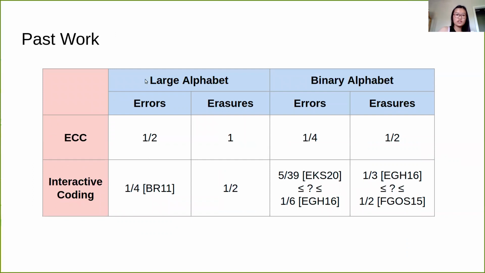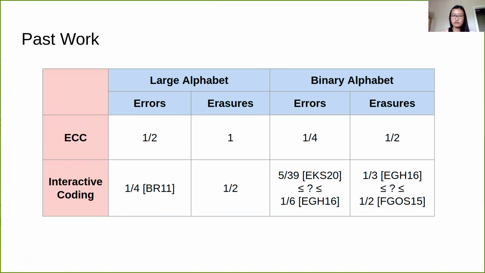So let's first start with the large alphabet case. I said earlier that error correcting codes have distance 1 over a large alphabet, which means that they're resilient to 1/2 errors and also to 1 fraction of erasures. In the interactive, two-way, two-party setting, you have 2 parties talking, so each one has to be resilient simultaneously.